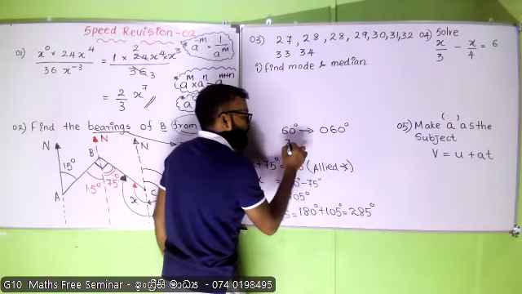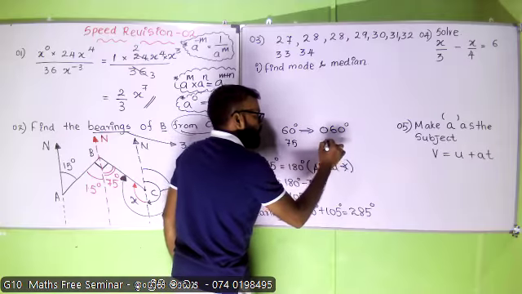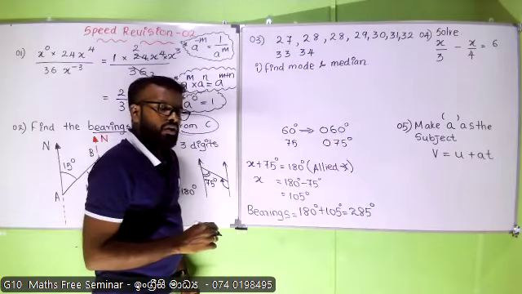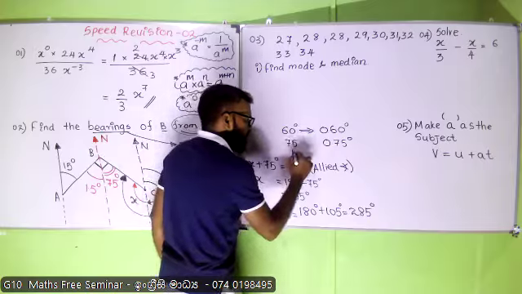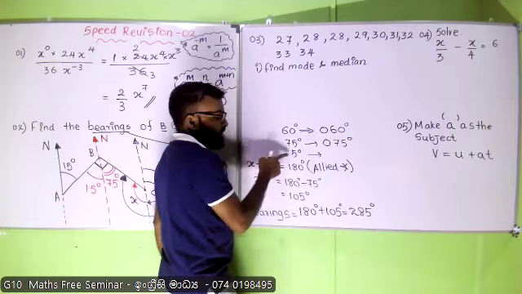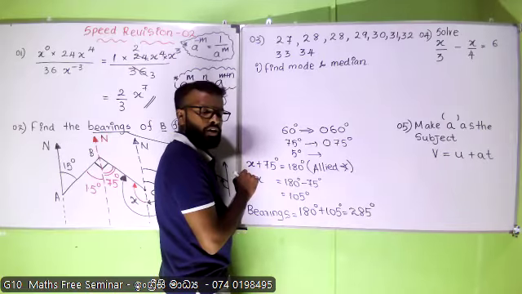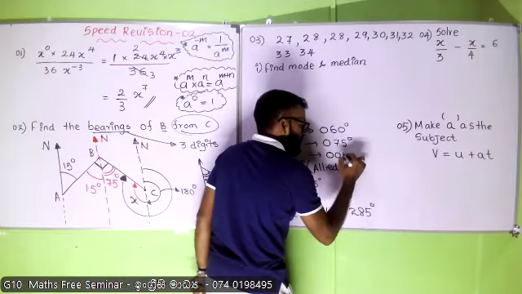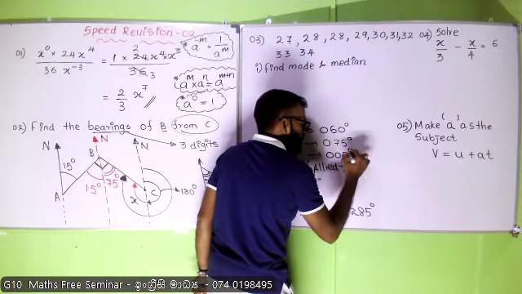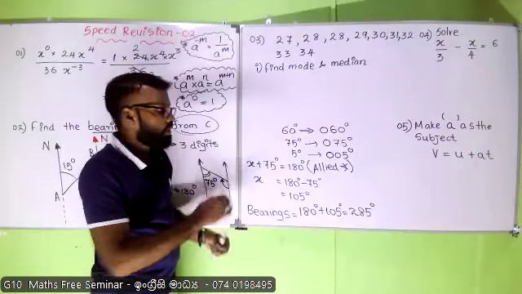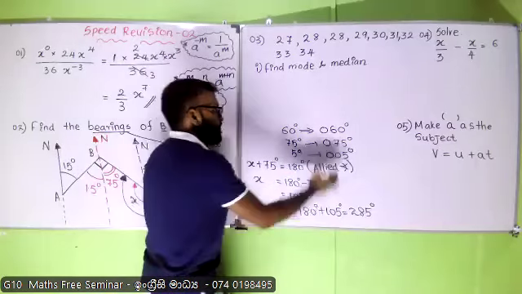If you have 75, 075 degrees. If the bearing is 5 degrees, 005. You need to use 3 digits. This is how we represent the bearing.